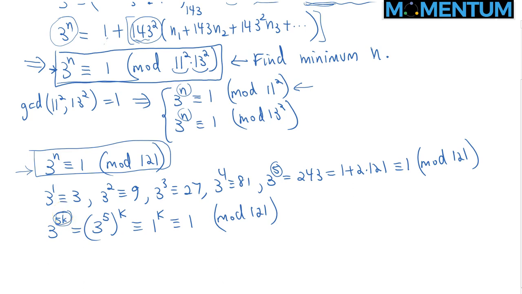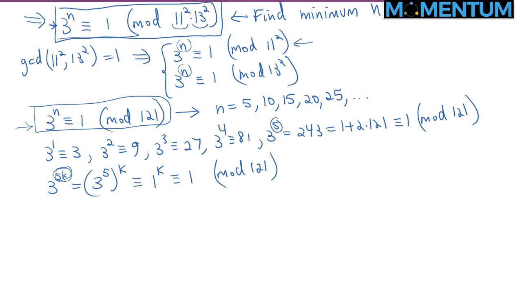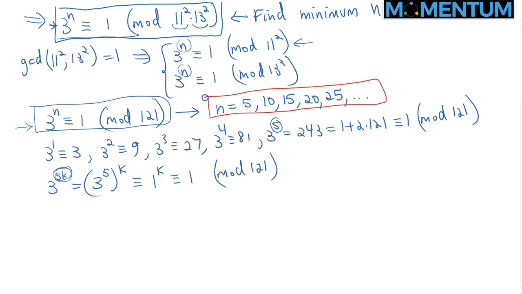Do you see why? Moving forward, the n's that satisfy this are the multiples of 5, so 10, 15, 20, and so on. That's pretty decent, right? Let's clearly mark it here.